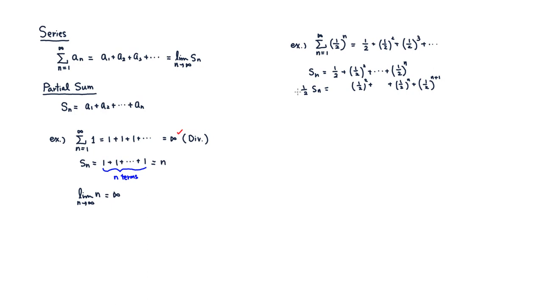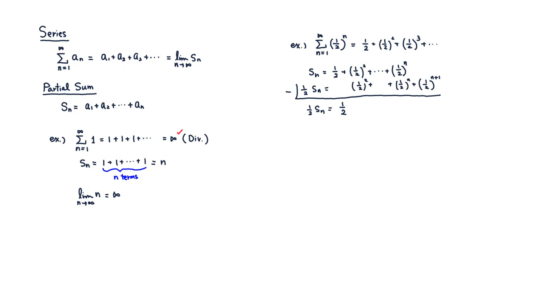Then what we do is we can just simply do subtraction. Then we'll see that Sn minus 1/2 Sn is going to be 1/2 Sn. This is equal to 1/2 minus 0 is 1/2. And you see that, 1/2 squared minus 1/2 squared, so they cancel out.